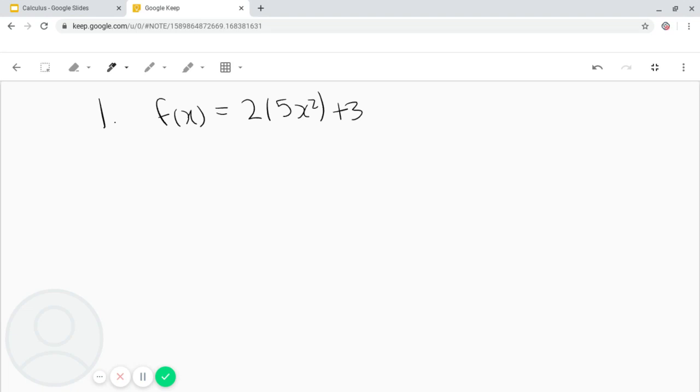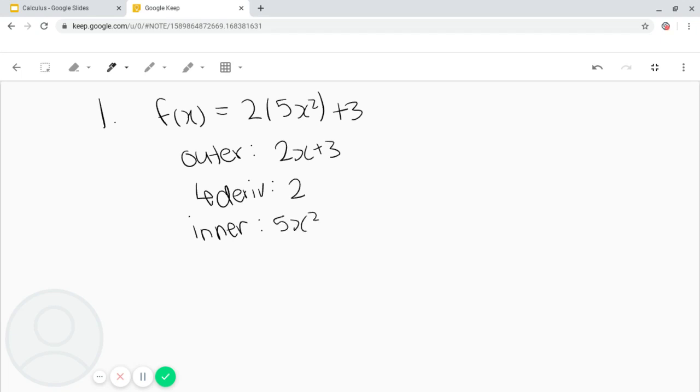So we have the outer function is 2x plus 3, and the derivative of that is, of course, just 2. Then we have the inner function, which is 5x squared, and the derivative of that is 10x.